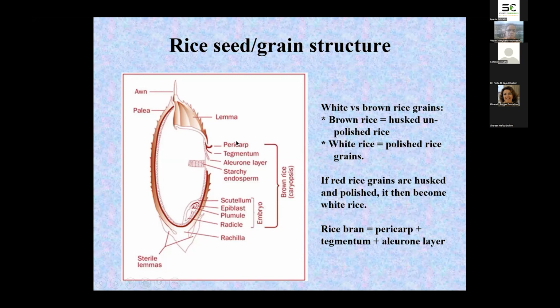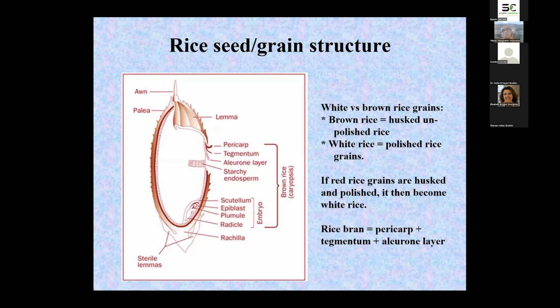If we process red rice with both steps, we will also have white rice. It is not red anymore. The most anthocyanin content is in the bran.